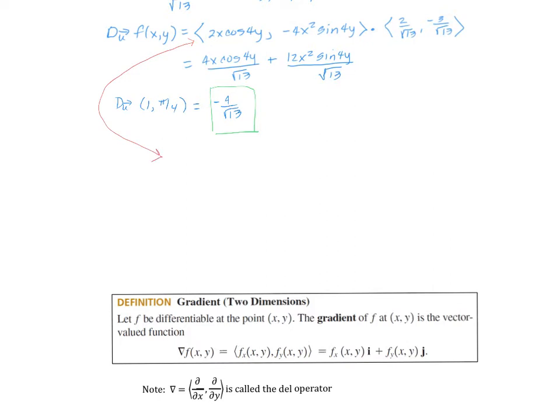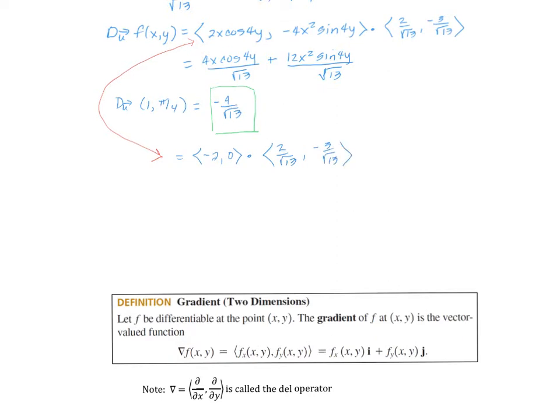We could have simply plugged in 1 for x and pi over 4 for y when we had this in vector form. So we would get the vector negative 2, 0, and then we would dot it with the vector 2 square root of 13, negative 3 square root of 13.